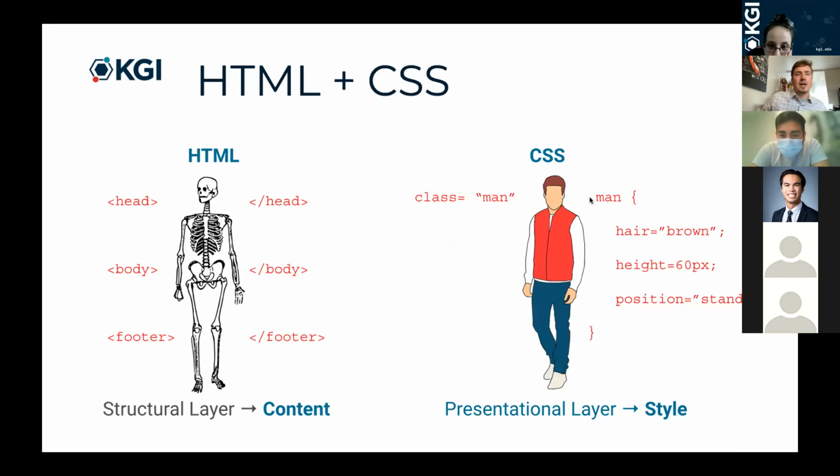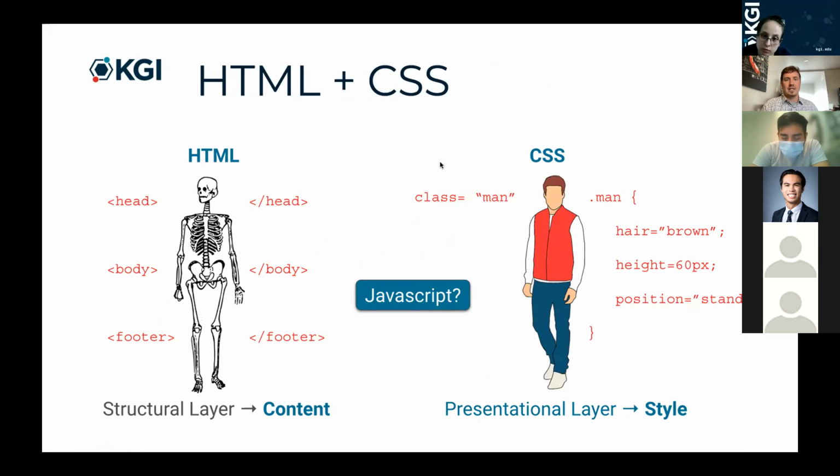I like to liken HTML to the skeleton and CSS to sort of like the skin, the clothes, the hair color, all that. So with HTML, we might have the head, the body, and the footer. And then the basic outline of our site. So what goes on top, what goes on the bottom, what does it say?